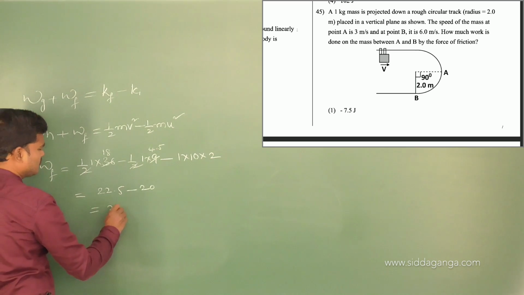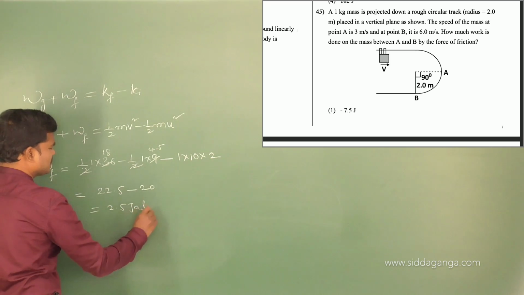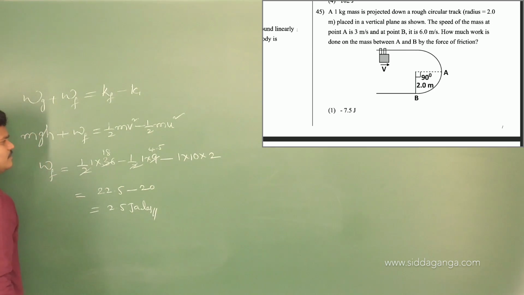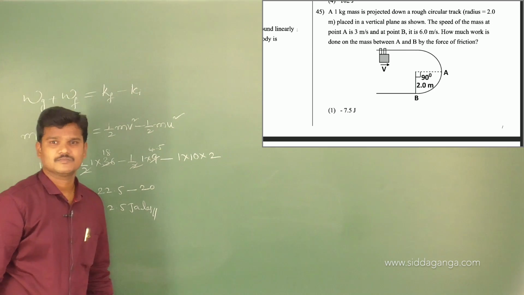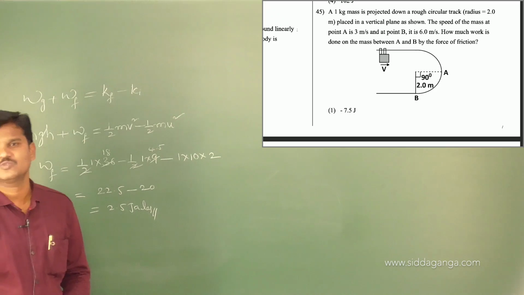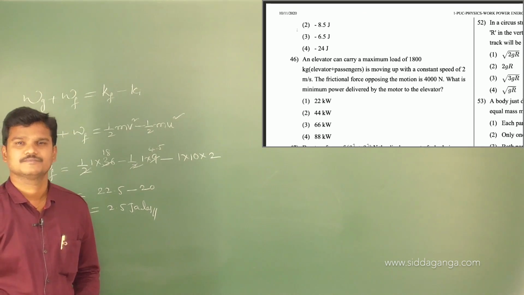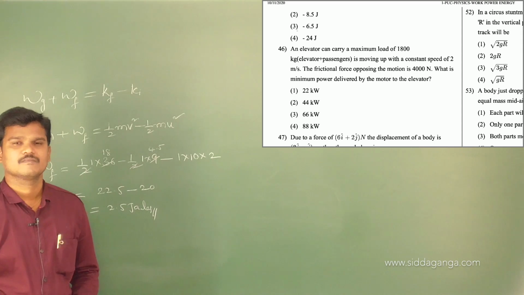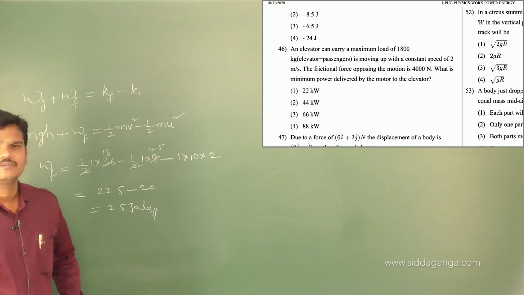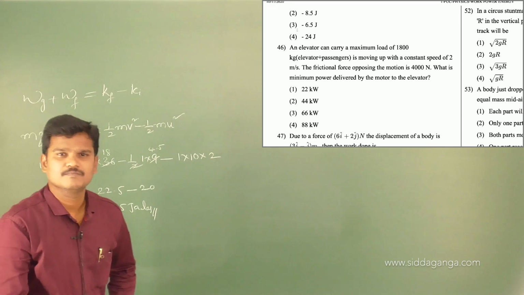So you will get 2.5 joules. Okay, so check the calculations. You will get 2.5 joules. Show the remaining options. How much is it now? 2.